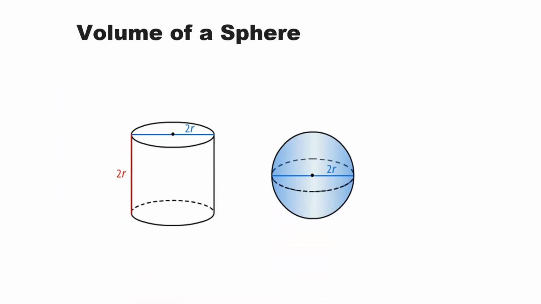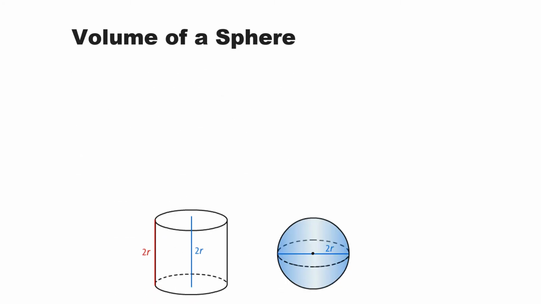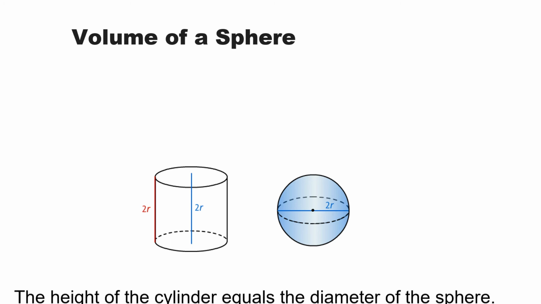What do you notice about the diameter of the cylinder and the diameter of the sphere? That's correct. The diameter of a cylinder and a sphere are the same. What do you notice about the perpendicular height of the cylinder and the diameter of the sphere? That's right.